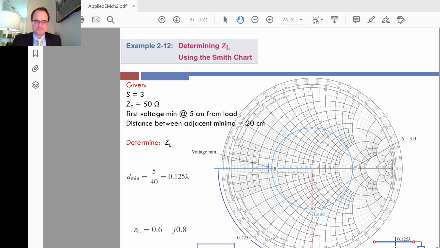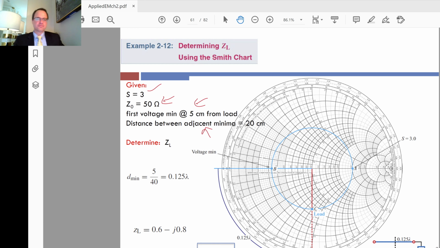All right. Okay, so they do give S as 3, they collect the givens. Z naught is 50. First voltage minimum is at 5 centimeters from the load, and the distance between adjacent minima is 20 centimeters.